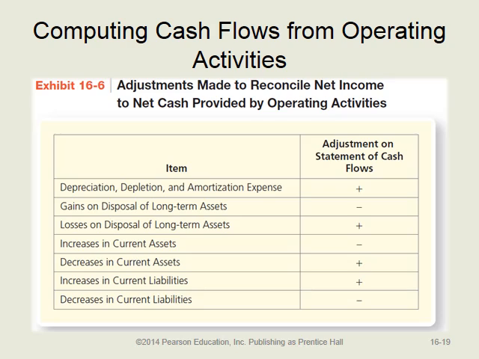Fifth, when current assets decrease, we will treat that as a source of cash and add it to net income. Sixth, when current liabilities increase, we will treat that as a source of cash and add the increase to net income. And seventh, when current liabilities decrease, we will treat that as a use of cash and we will subtract the decrease from net income.